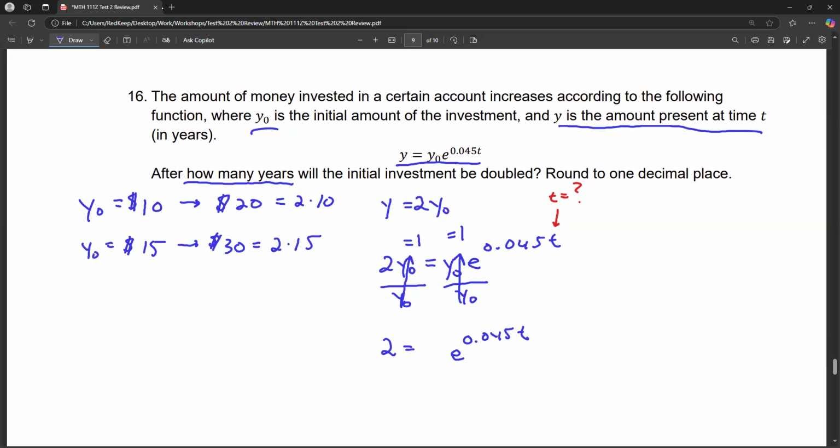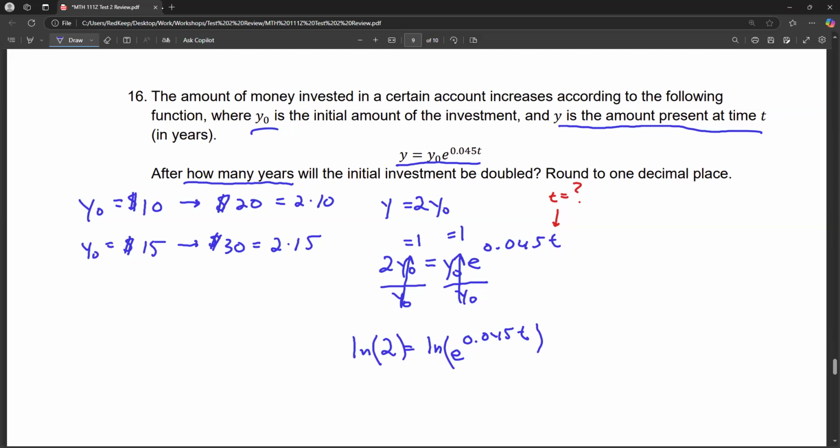Okay, so now we're in a place where we can take the log, because we still have our variable in the exponent position. We need it outside of there. So I would take the natural log. We've seen this work well for us before when we have e. So let's take the natural log of both sides.